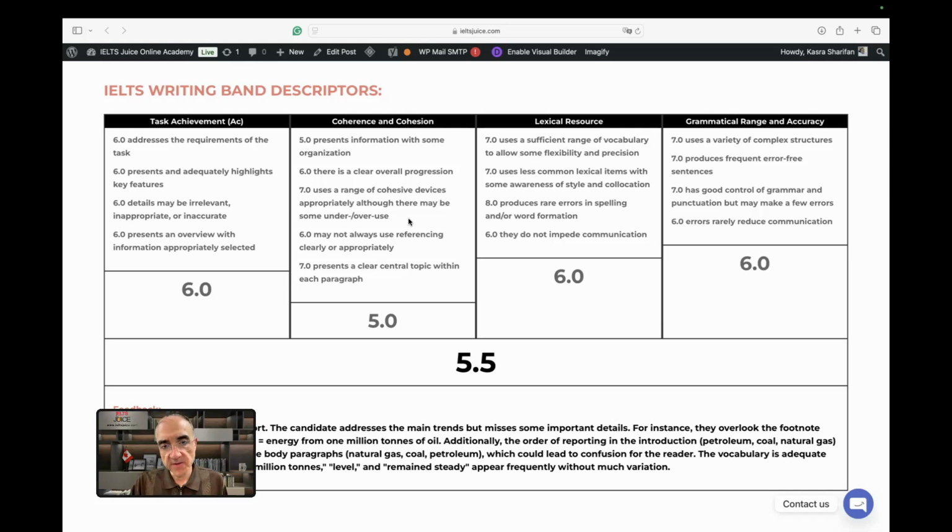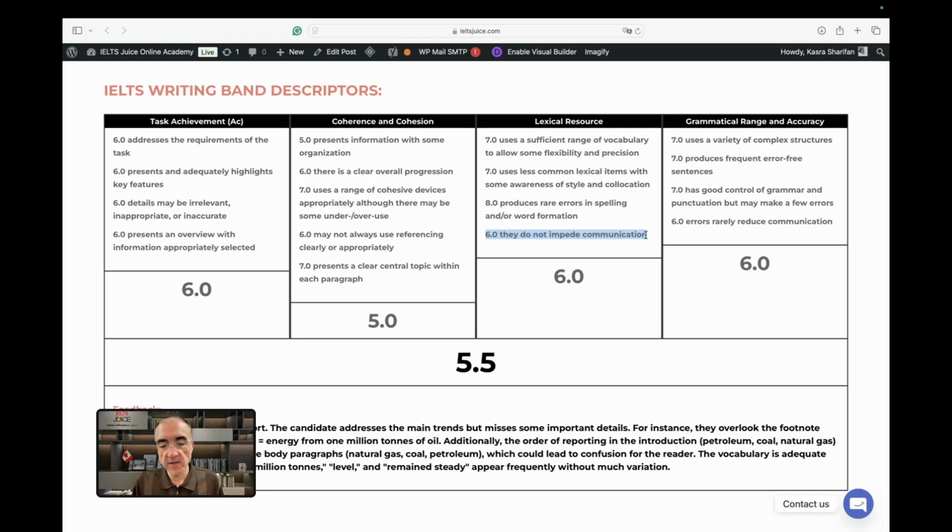We had one referencing issue. Yes. As for vocabulary, there is a very good range. The errors are rare. That's a huge plus. Bravo. The problem is, yes, but they are not the words that we're looking for.